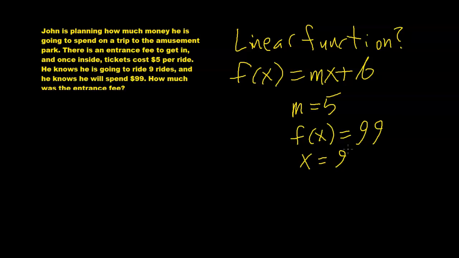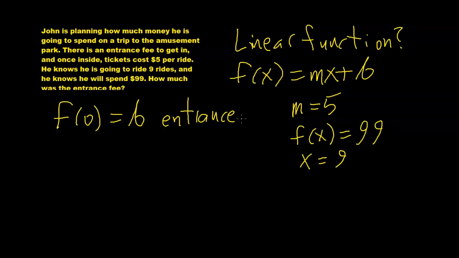Why is that? Because that's the amount before he spends money for any rides. That's going to be f of 0. F of 0 equals b. This is the entrance fee, the component of his cost before the cost of any tickets is taken into consideration.